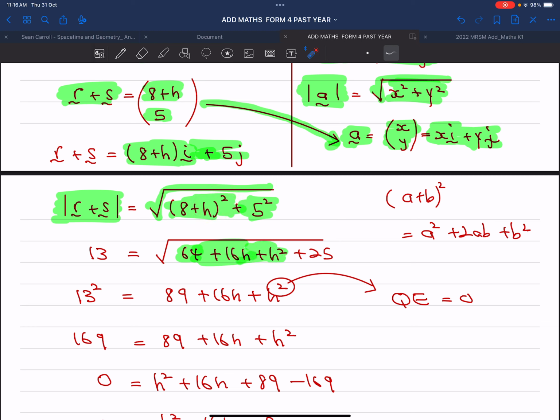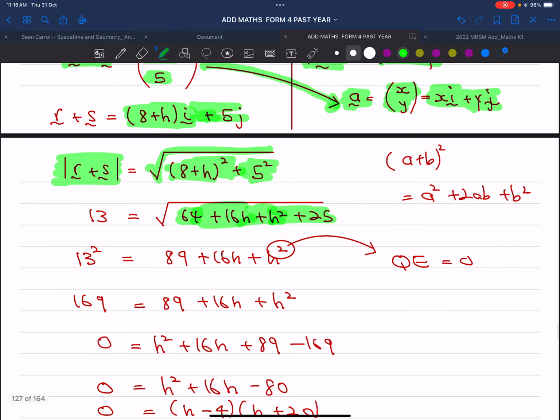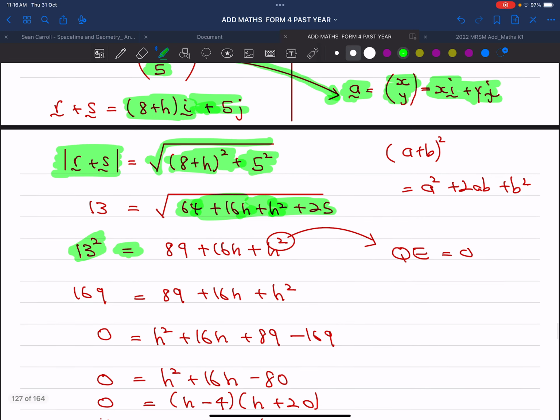And of course, 5 squared would be 25. First thing I do is the square root, I transfer to the left hand side, it becomes square. I've transferred the square root. And then now I just collect 64 plus 25, that would give me 89, plus 16h plus h squared, I just copy back.